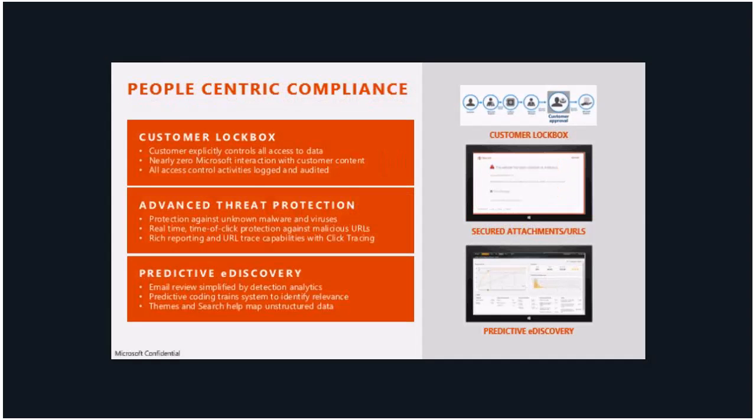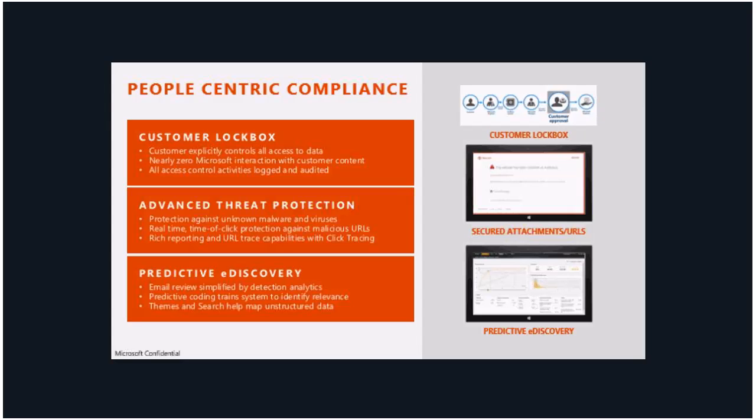So when we think about that people-centric compliance, again, that customer lockbox, bring your own data, customer approval. When we think about that workflow of accessing Microsoft helping you with your tenant, you call Microsoft, ask them for help. Microsoft initiates a request that goes to whoever you've designated as your administrators to gain access to that information.